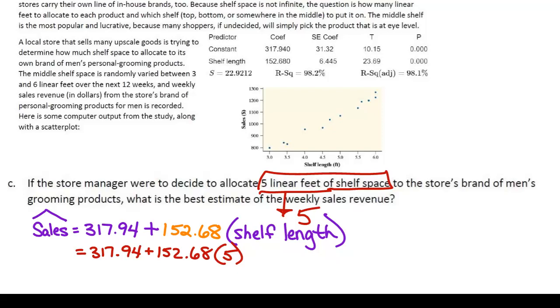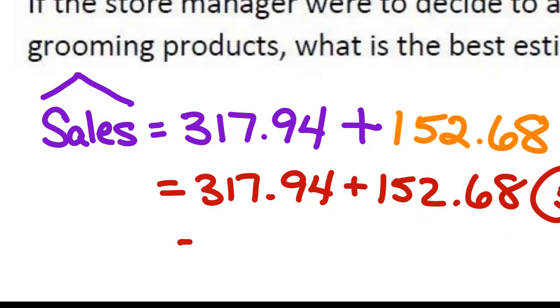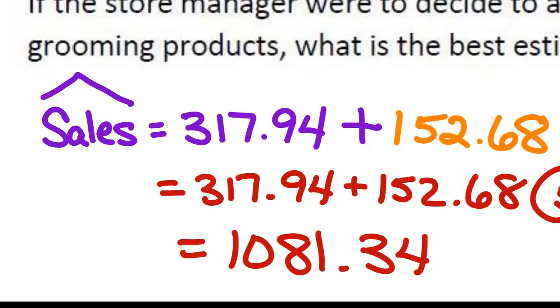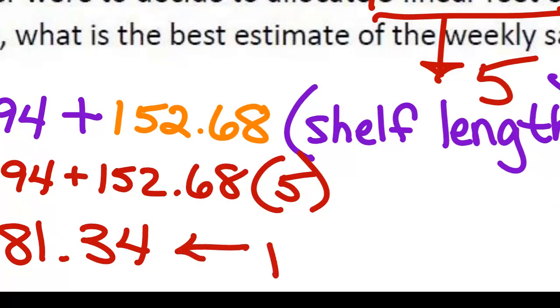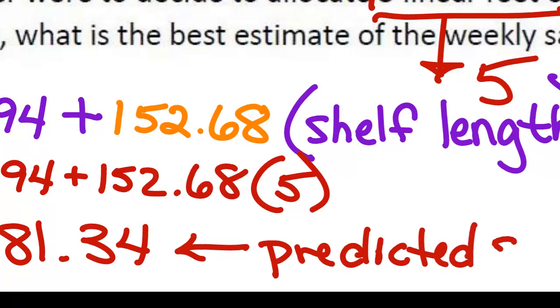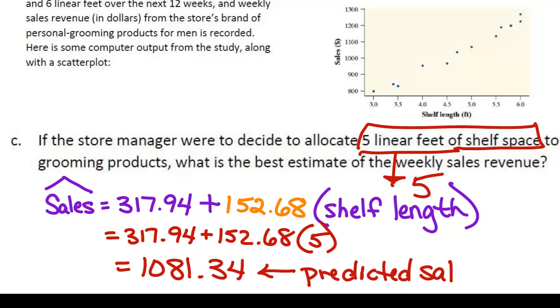And I got 1081.34. So this is the predicted sales at that level.